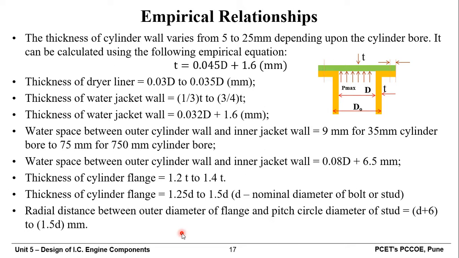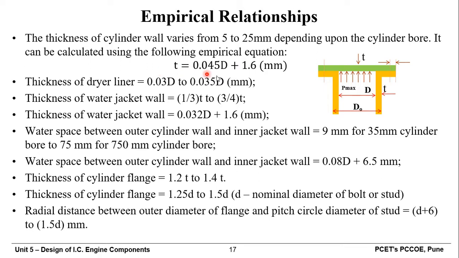Then again, there are so many empirical relations that we need to use for calculating other dimensions. For example, if you want to calculate the thickness of the cylinder, then it is also expressed in terms of cylinder bore. So T is equal to 0.045 D plus 1.6.